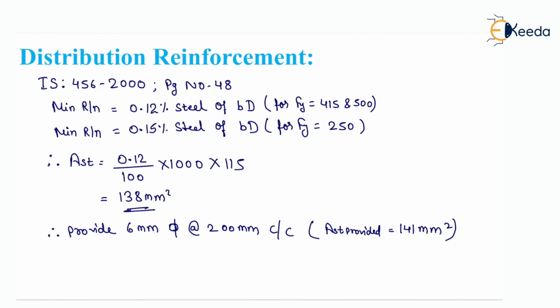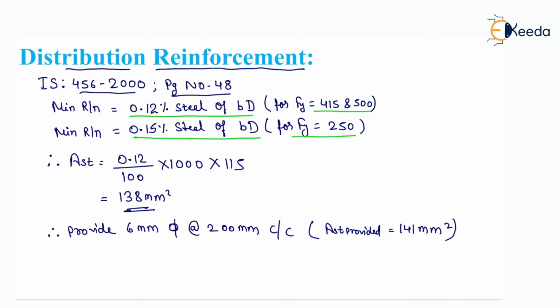Next step is the calculation of distribution reinforcement. Distribution reinforcement means the load on main reinforcement is distributed by distribution reinforcement. It is given on page number 48 of IS 456-2000. Minimum reinforcement equals 0.12% of steel of B into D for Fy 415 and 500, and minimum reinforcement equals 0.15% steel of B into D for Fy 250.